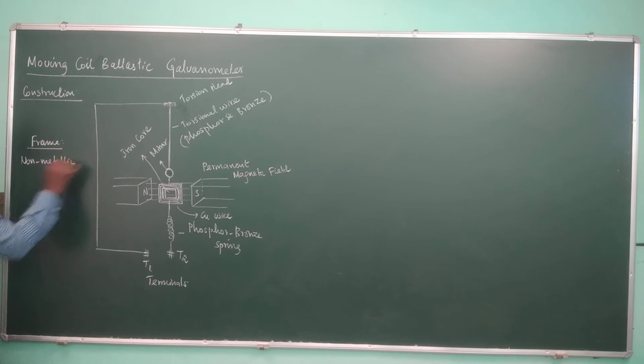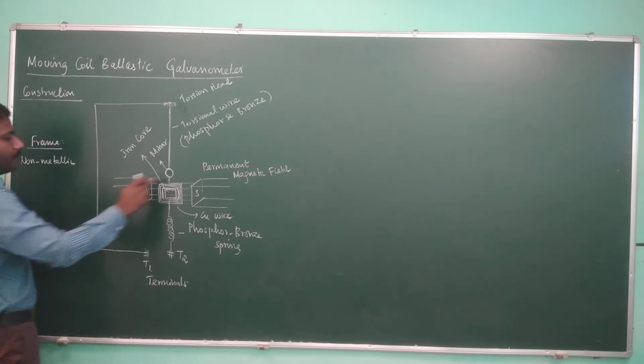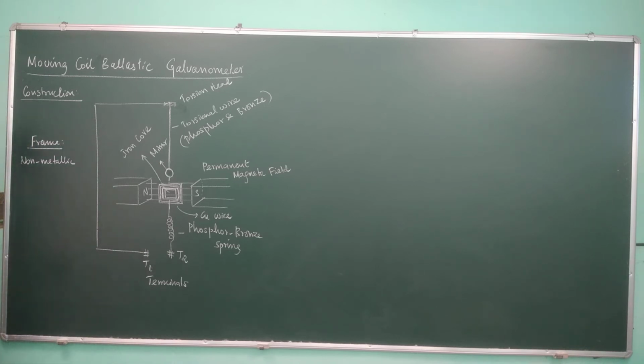In the previous video, for the moving coil galvanometer, we used a frame made up of aluminum, which is conducting. Now the non-metallic, non-conducting frame is made up of ivory. This is one important characteristic difference.